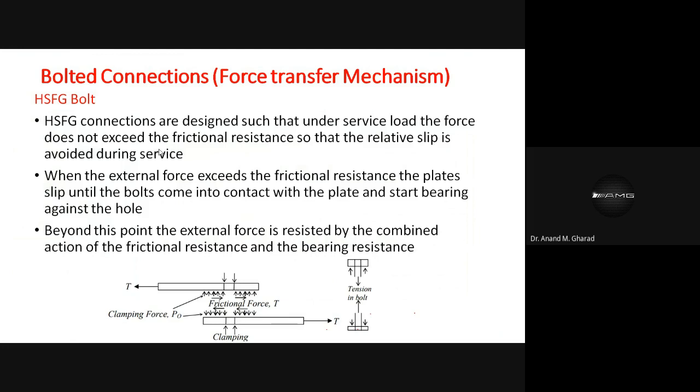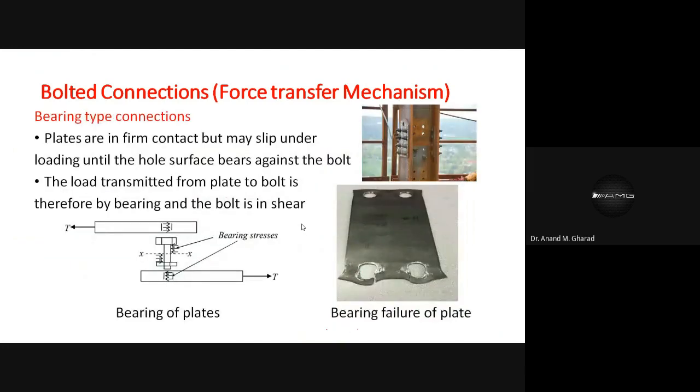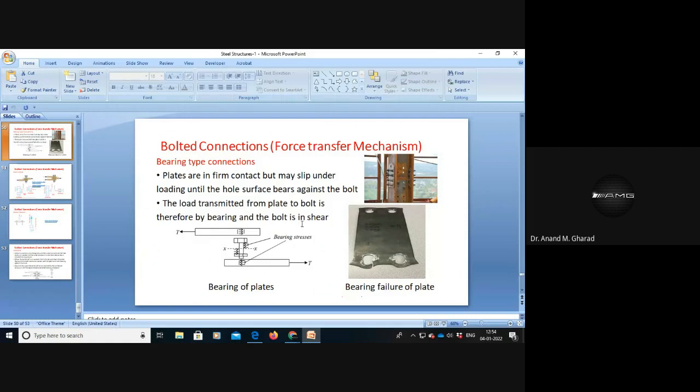Beyond this point, the external force is resisted by the combined action of the frictional resistance and the bearing resistance. So these are the different types of bolts which are subjected to different failure conditions. All these things we should know prior to solving any numerical or considering the connections. Okay? So I hope this is understood.